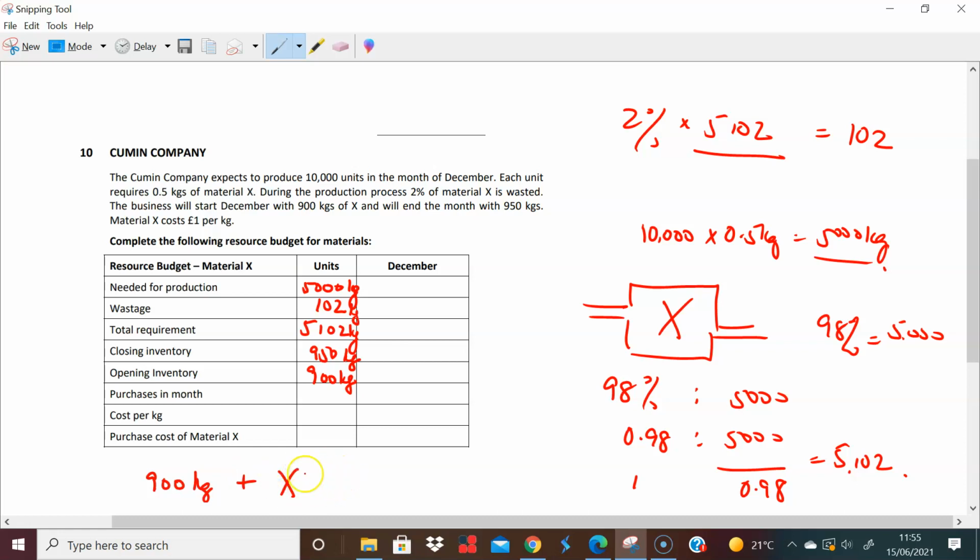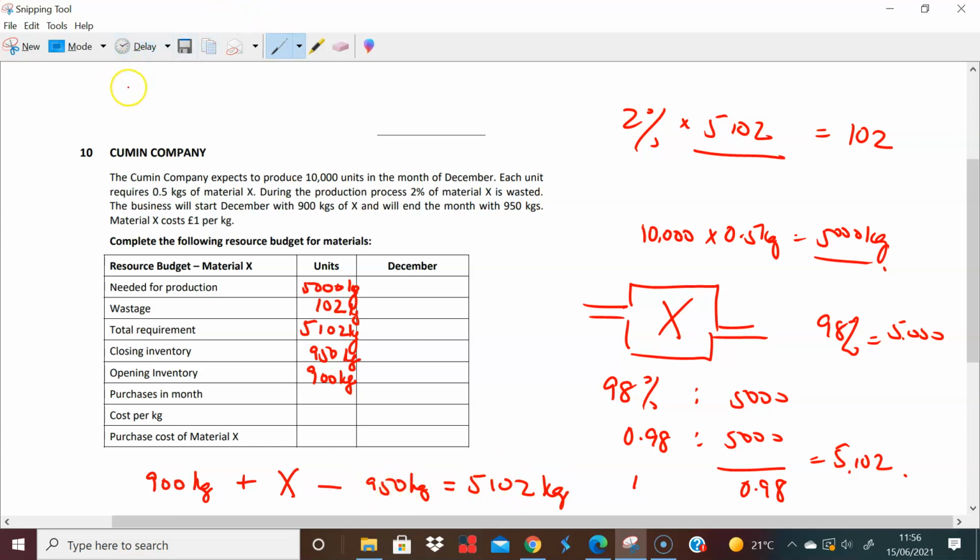You buy in a certain amount, release 5,102 to production, and you have 950 left.